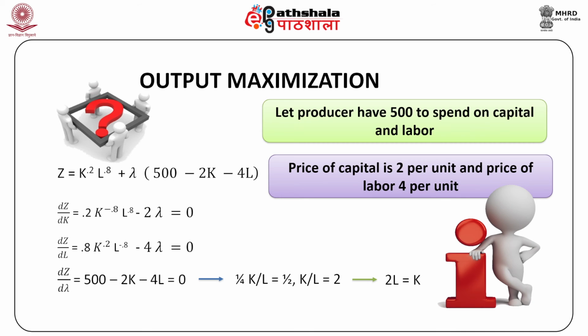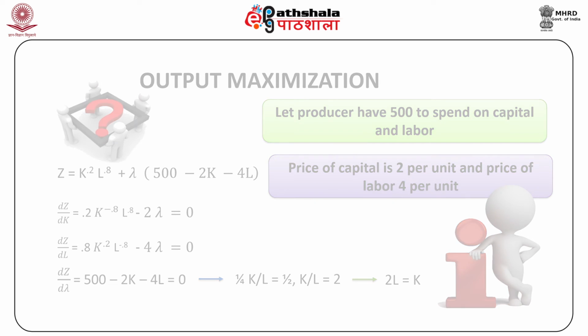Del Z by del lambda is equal to 500 minus 2K minus 4L equal to 0, which we denote as equation 5. Dividing equation 3 by 4 and substituting in 5, we get 1/4 K divided by L is equal to half. K by L is equal to 2. That is, in order to maximize output, labor and capital should be used in the ratio K equal to 2L.